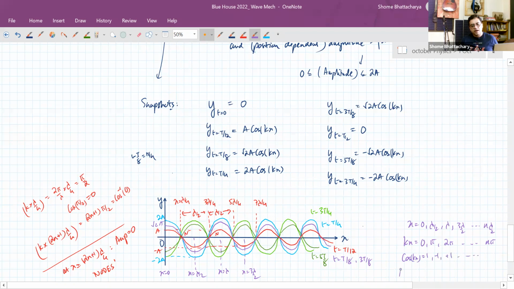So amplitude will be equal to 2a. These are called antinodes.